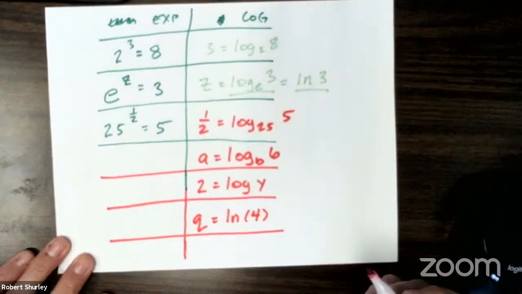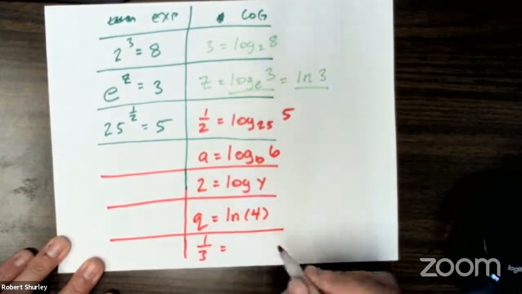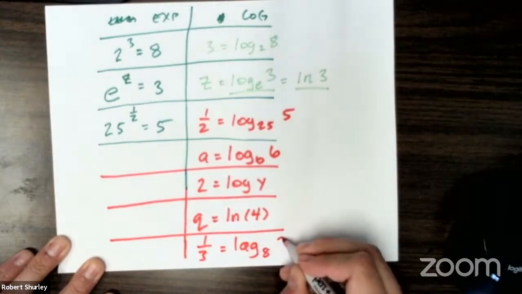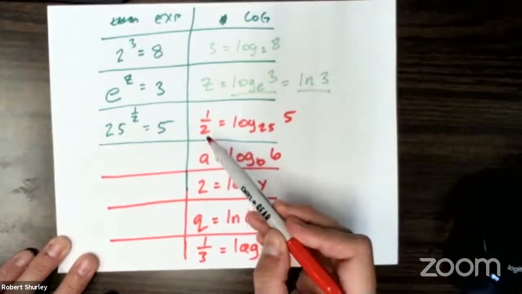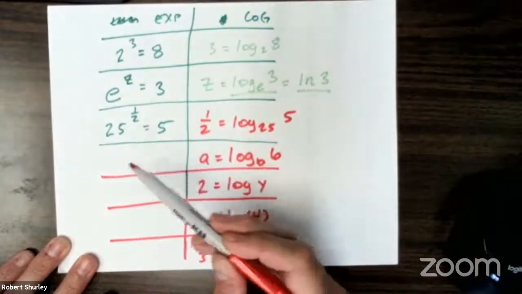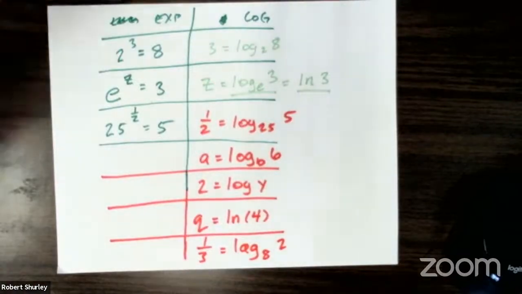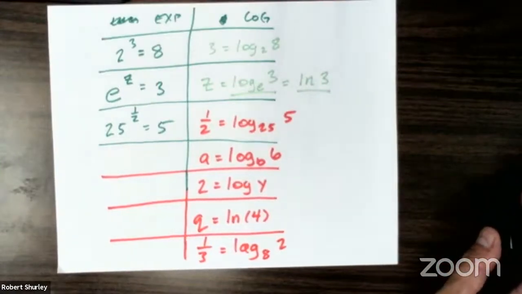And let's do one that works here: 1/3 equals log base 8 of 2. So try those now. I'm giving you the logarithm, and I want you to put those in exponential. I'm going to give you just a few minutes.